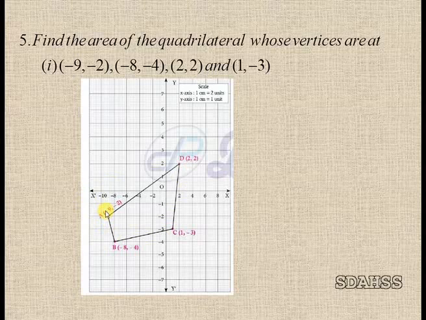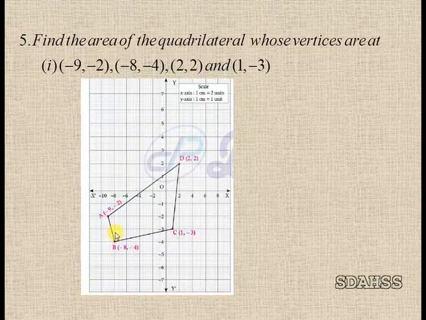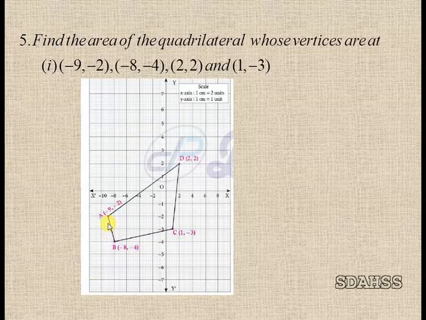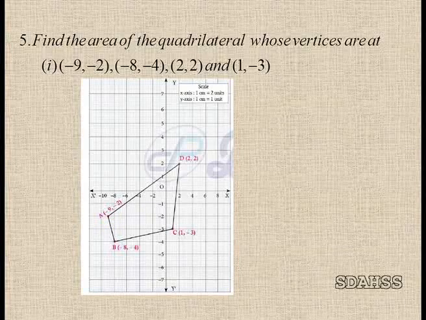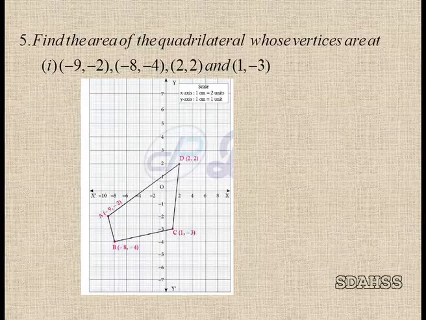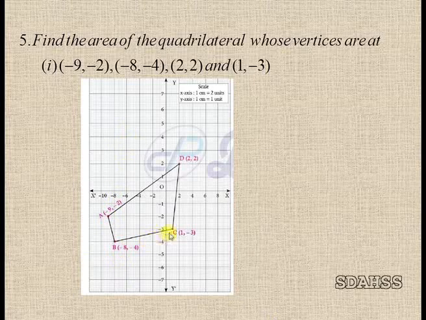Afterwards, this is the first quadrant, second, third, fourth. In the third quadrant you have to take the vertex A. Then take A, B, C, D in the counterclockwise direction.